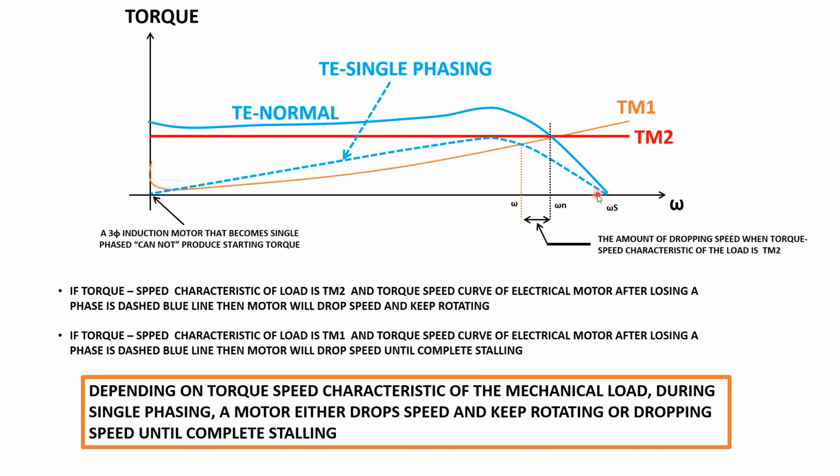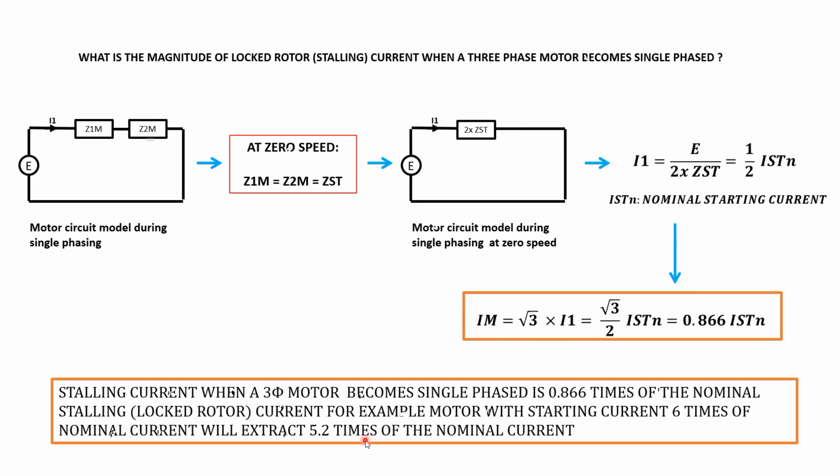If we actually model and calculate exactly what this curve looks like, in combination with the mechanical torque, we can say either it reached the new point and keeps rotating or goes to the stall position. So depending on the torque speed characteristic of the mechanical load during single phasing, a motor either drops speed and keeps rotating or drops speed until complete stalling.